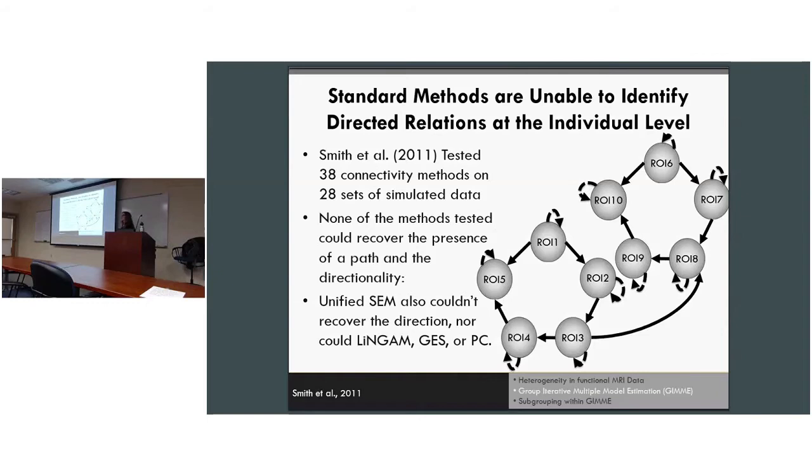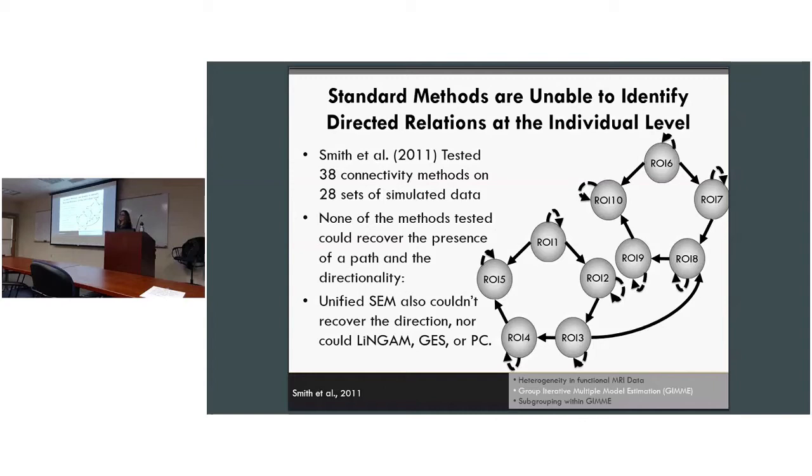But then we have problems with individual level data, as I know many people here are aware. When you do individual level data analysis, it can be driven by noise. You can arrive at a model that can be spurious or could miss connections. Smith et al. did kind of a landmark paper in 2011 where they tested 38 connectivity methods on 28 sets of data.